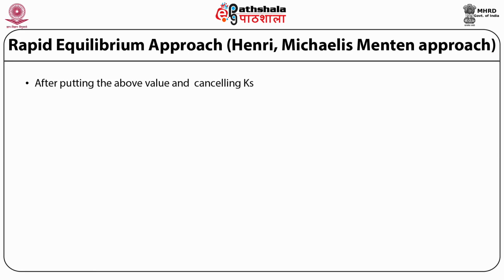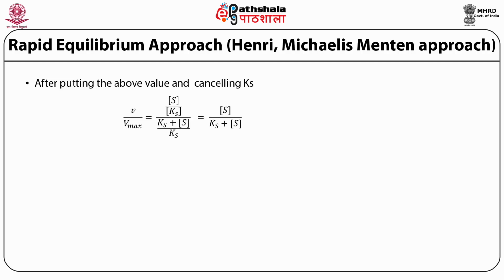After putting in the value calculated above and cancelling the Ks, the equation becomes V upon Vmax is equal to substrate concentration divided by Ks divided by Ks plus substrate concentration divided by Ks.